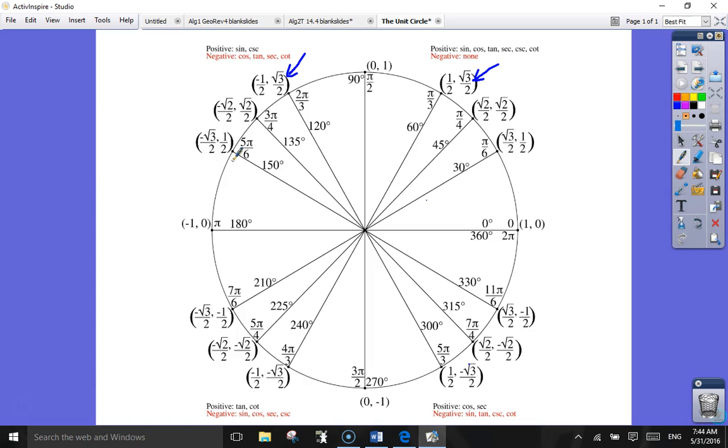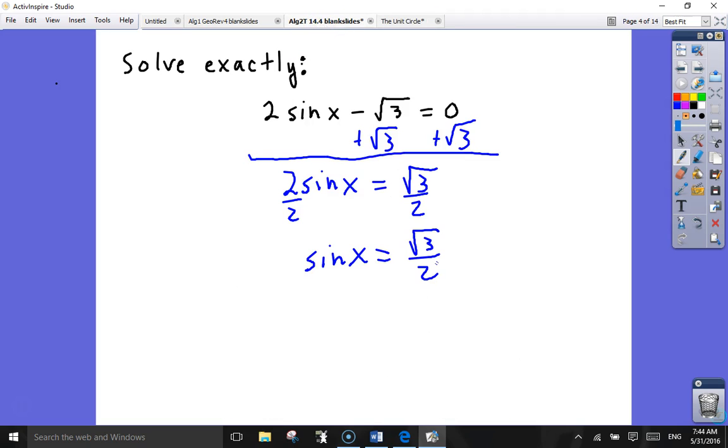So usually the way you write the answer, because it's periodic and they didn't say not to, is you've got to do this. We have to say x equals pi over 3 plus n times 2 pi, meaning multiples of 2 pi, plus or minus, will get you to the same place. n is an integer.